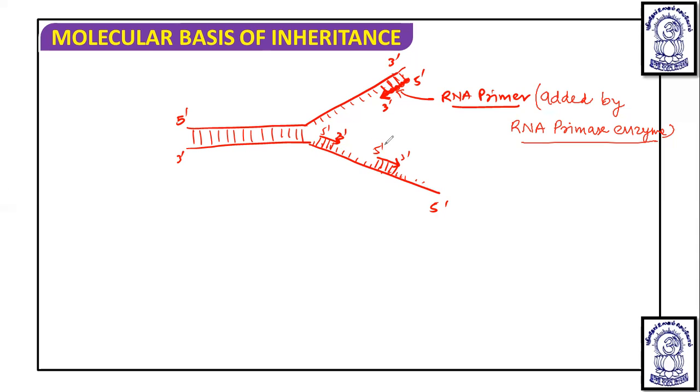So the new stretch of DNA is synthesized by DNA polymerase 3, and this DNA polymerase 3 is incapable of initiating DNA synthesis, or unable to deposit the first nucleotide in a daughter strand. Therefore another enzyme, primase, is required, which synthesizes a short primer of RNA, and this primer serves as a stepping stone to initiate replication.